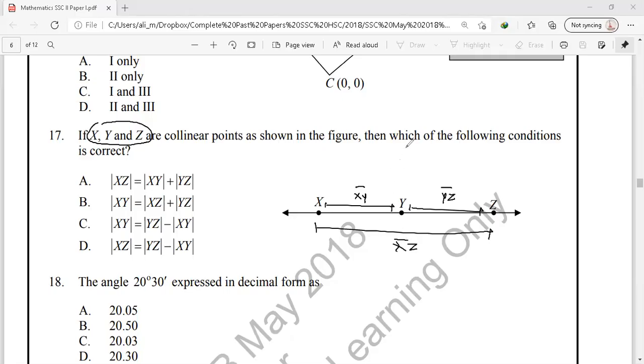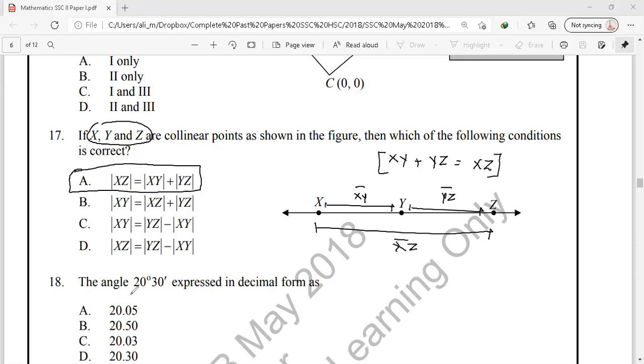So from this given situation, we can say that the distance xy plus yz should be equal to xz. So let us see the correct representation of this expression among these four options. So xz is equal to xy plus yz, that is the required expression for these collinear points. So in question number 17, our correct answer is option A.